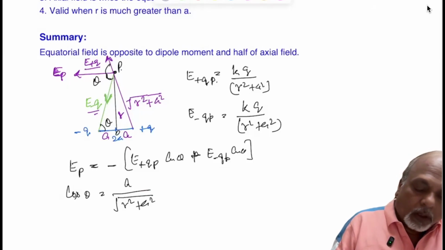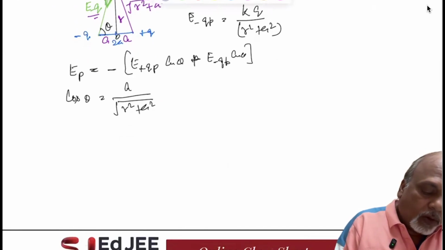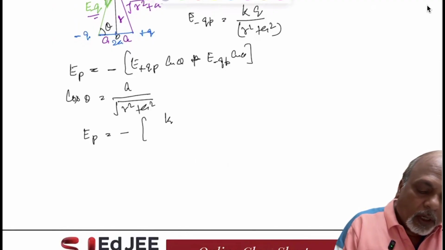Correct. So if you put this value, EP minus, here it will come as KQ A upon R square plus A square to the power 3/2.